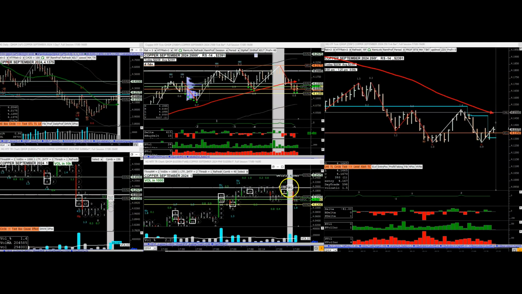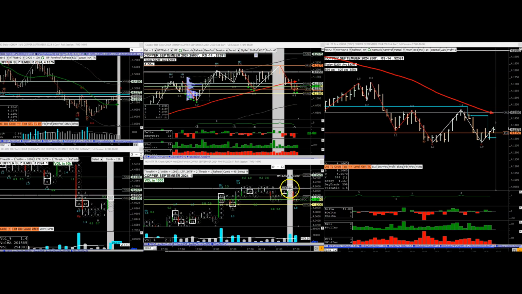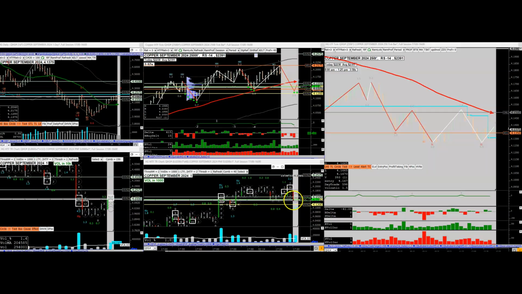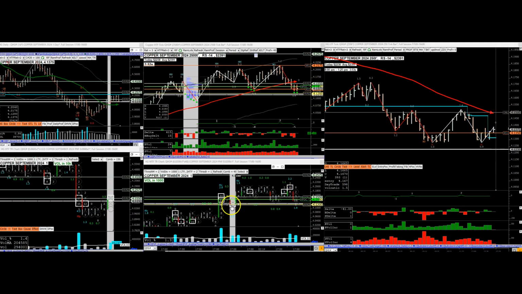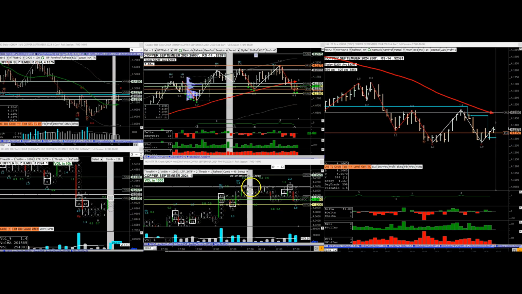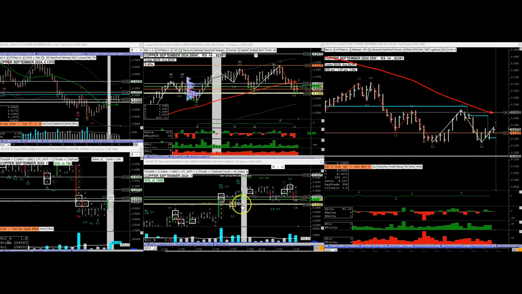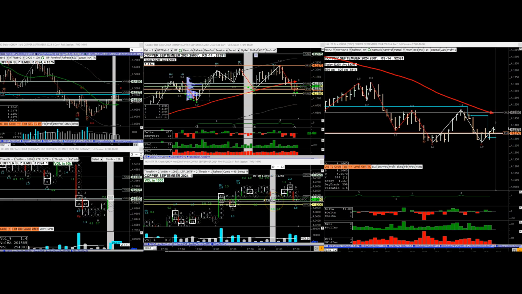Sellers overtook buyers here on this increase on 2.2 times average up volume, leading to selling. And we're right at these support areas right here, the 11, which was the last point of accumulation that created that rally. And now we're at that point. Okay, so that sets up the context.